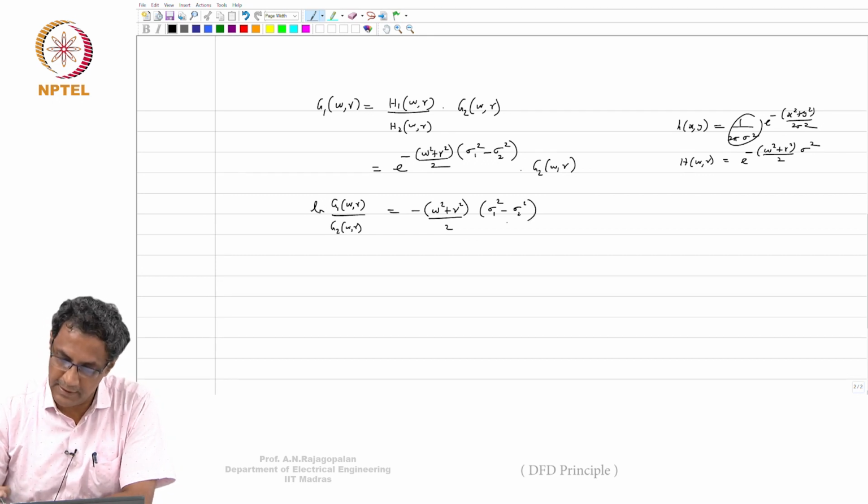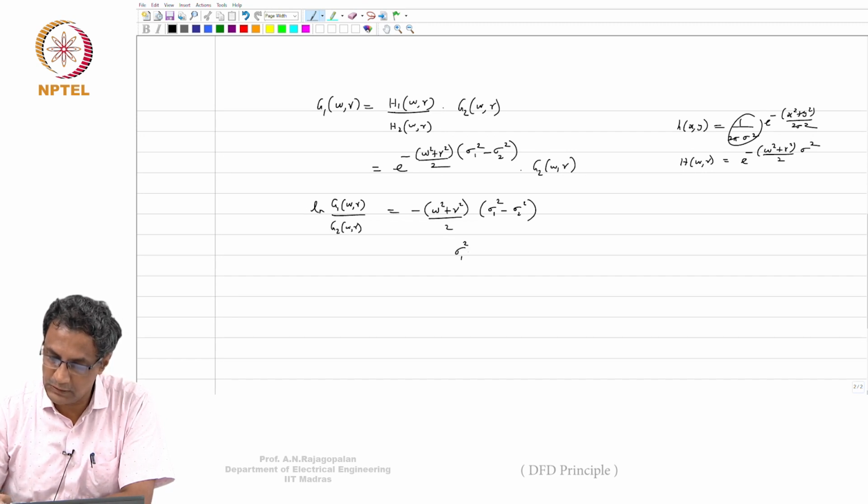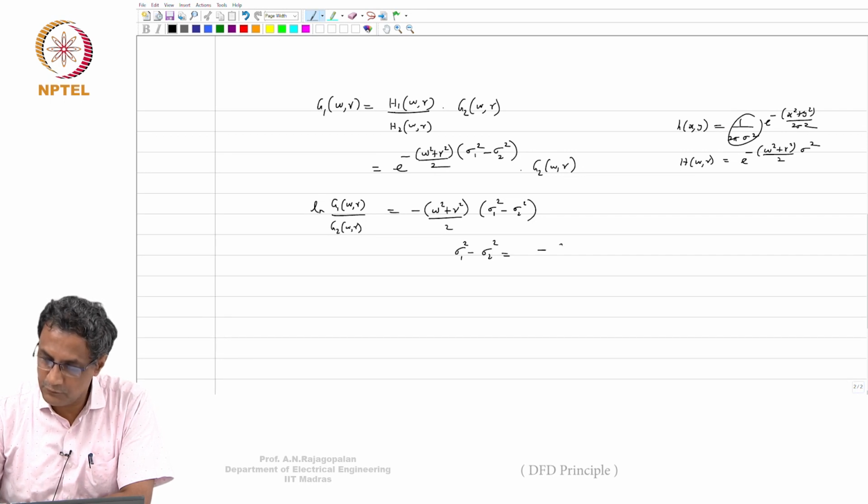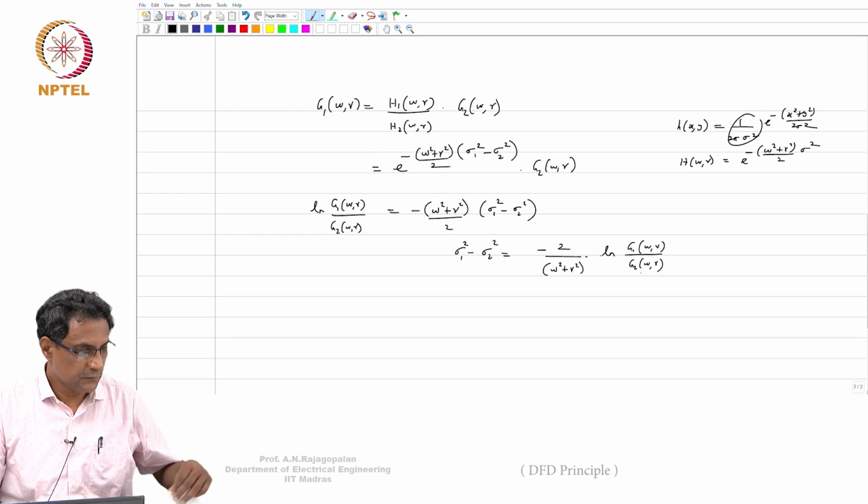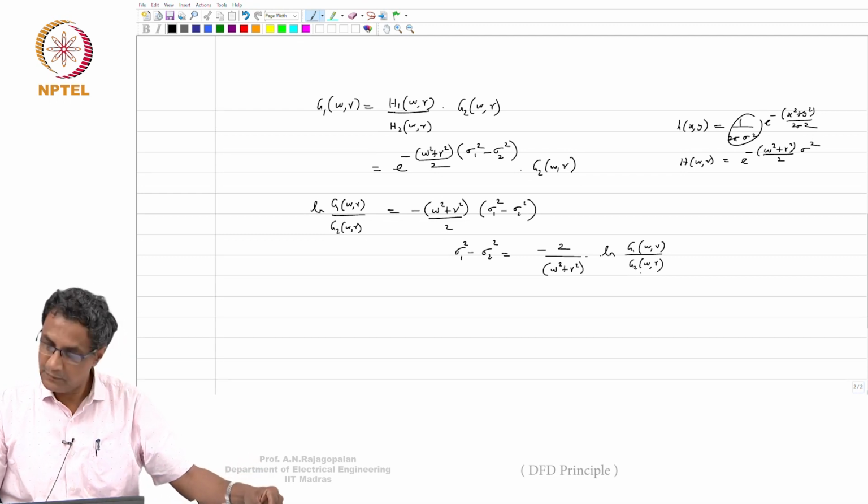Or in other words, sigma 1 square minus sigma 2 square is equal to minus of 2 by omega square plus nu square into ln of G1 omega nu by G2 omega nu. So you get an equation of this type.